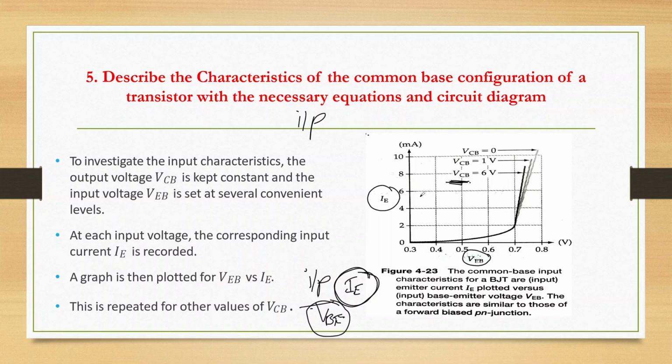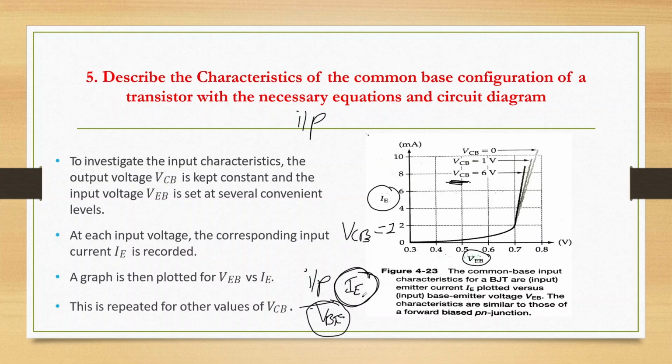Then we change VCB to another voltage. For example, if initially it was 0, I change it to 1 volt, and again follow the same steps. Increase VBE, and the corresponding reading of IE is noted down.